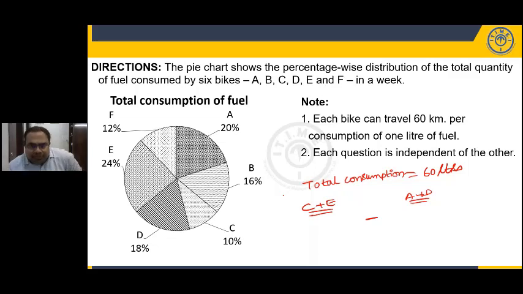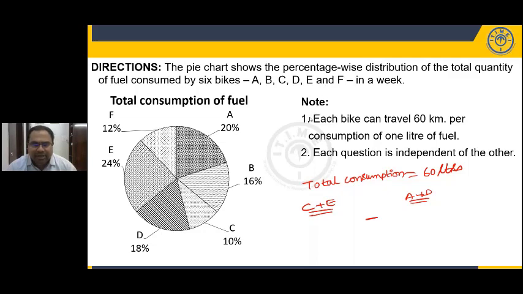Why 3 by 5? Right, so what I'm trying to say is, look at the consumption.